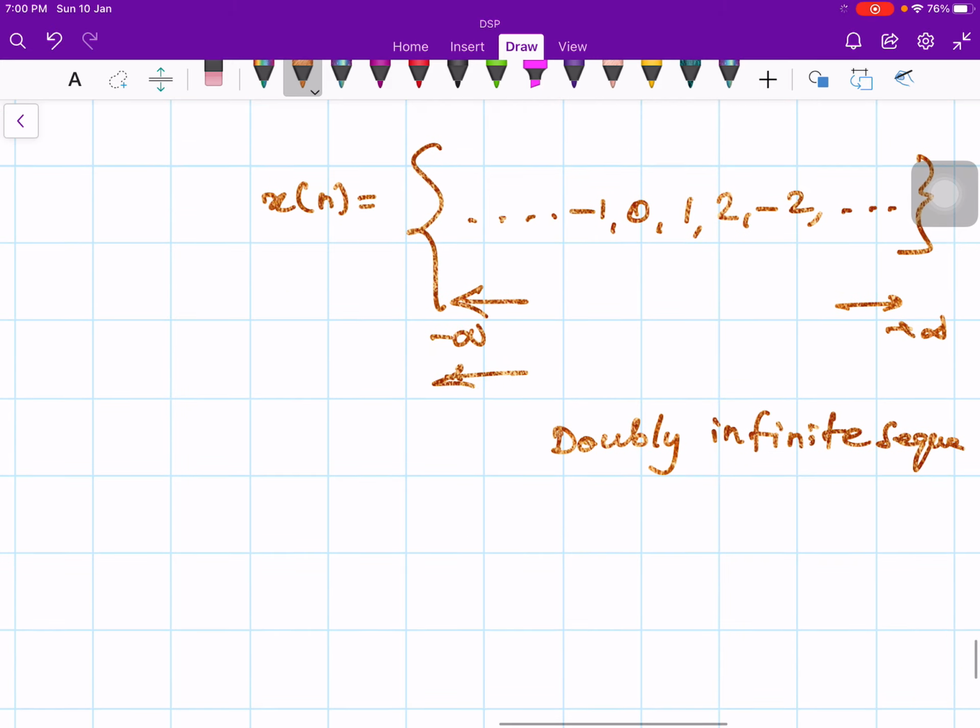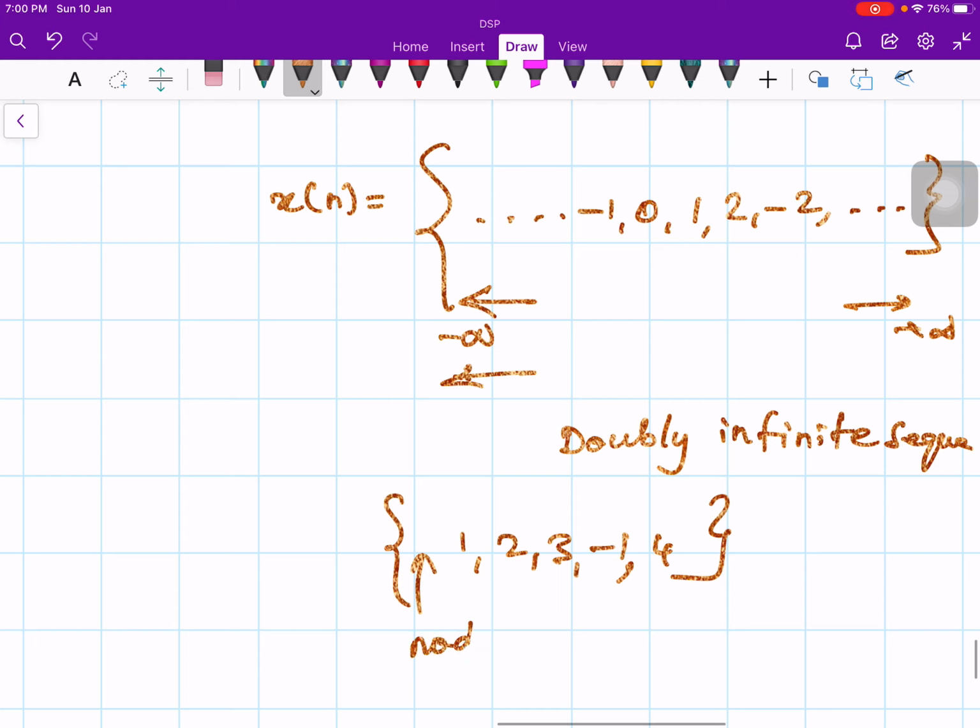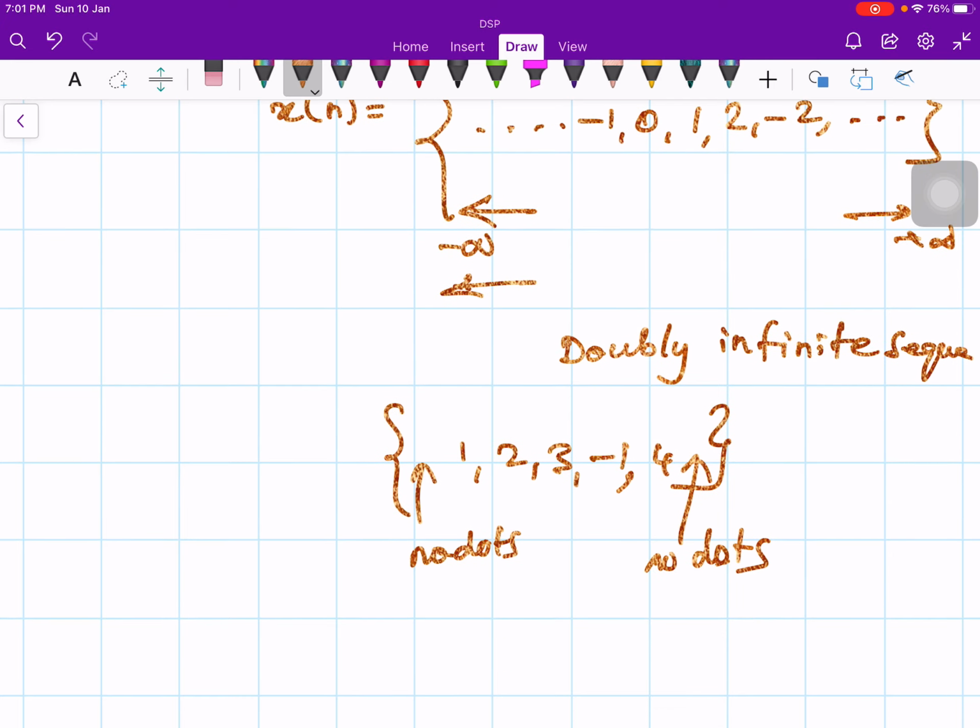Suppose we have a sequence simply like this. Let's say 1 2 3 -1 4 like this. Now there is no dot on the right hand side, and no dot on the left hand side also. In this case it is a finite length sequence.